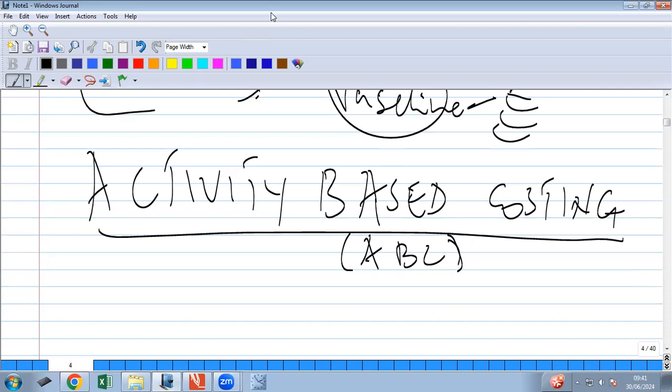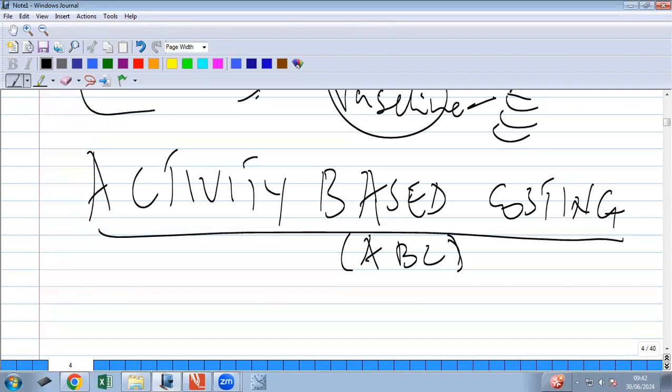This is an alternative to absorption costing, and it involves identification of factors which cause the organization's major activities other than just labor or machine hours.